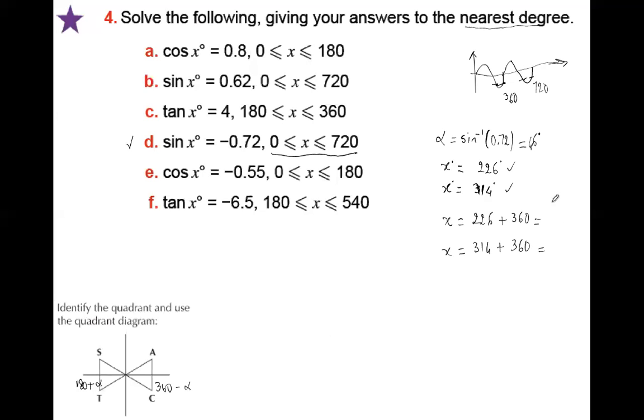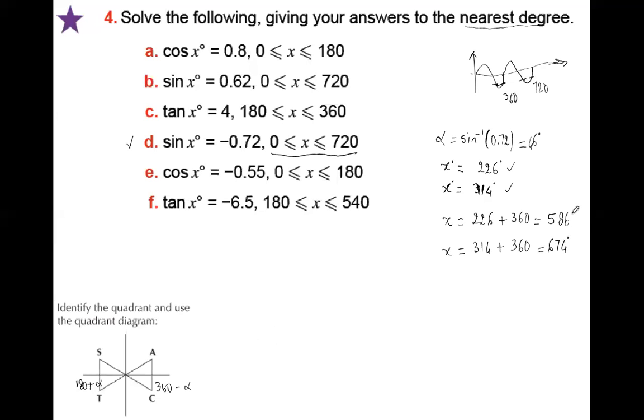So 226 plus 360 is 586. And my last one, 314 plus 360, is 674.